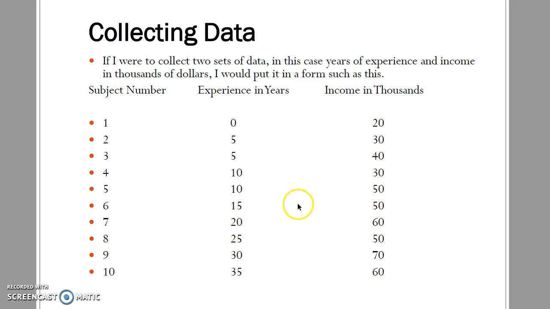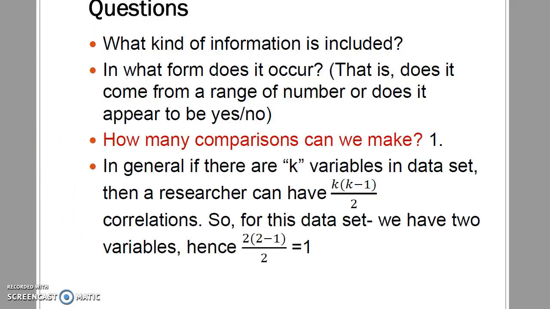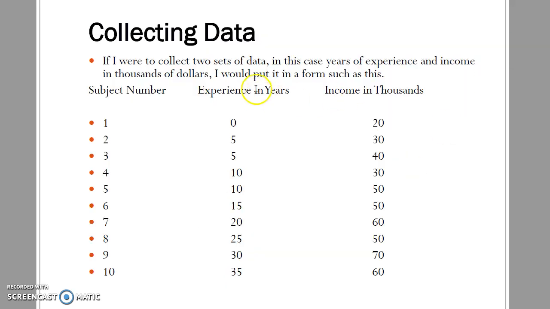Here is one of my data sets, which has experience in years and income in thousands. This is just the subject number. If I look at this data set, what kind of information is included? I have experience in years and income in thousands.